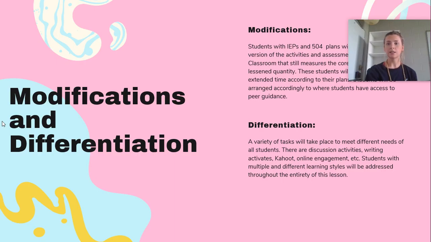And then in summary here, modifications would be followed based on students' IEPs and 504 plans. And then the way that the assessment is given, some students may need to have shortened assignments. Some may be given extra time for those assignments.